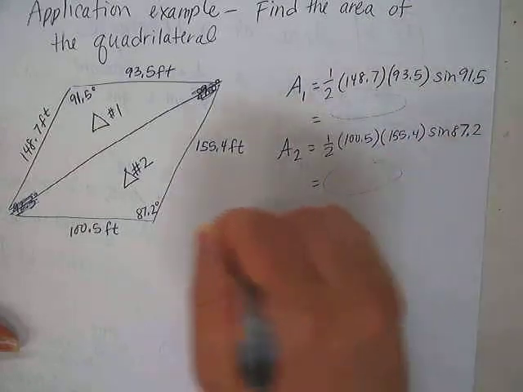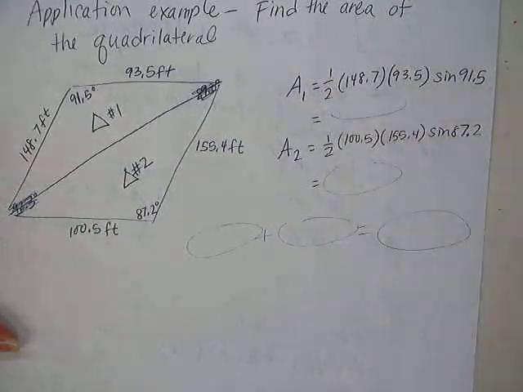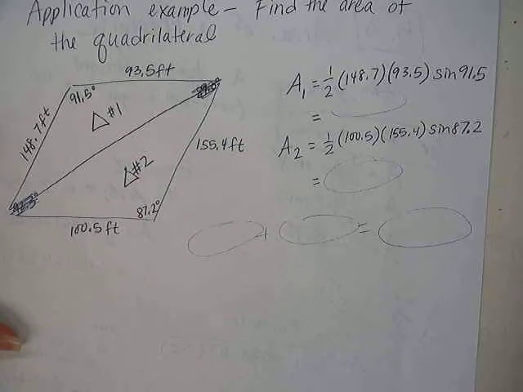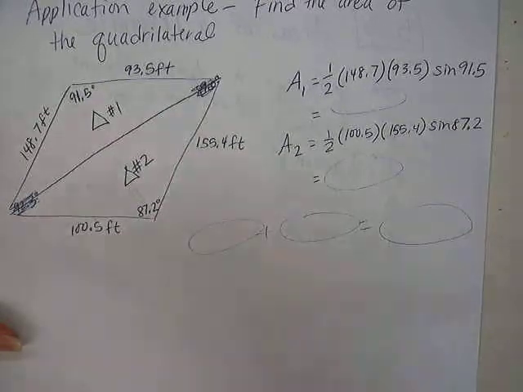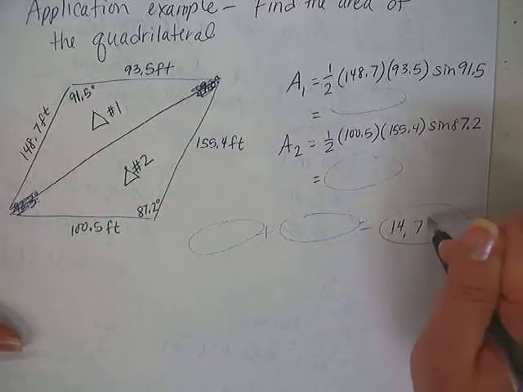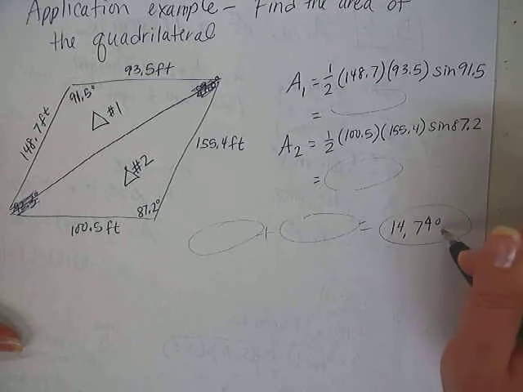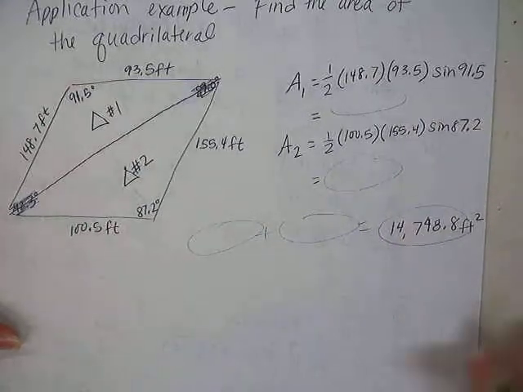And the second area would be 1/2 times 100.5 times 155.4 times the sine of 87.2. And then we get those two numbers and we add them together and get a total.